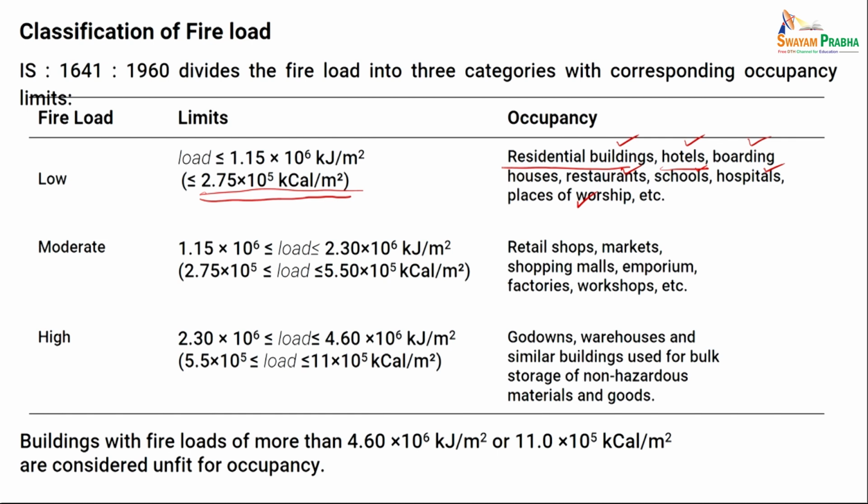Why are they coming under moderate? Shopping malls have stacks of items within them. It may be merchandise, it may be oil, so a departmental store can have various kinds of things which are combustible. And under high, you see it is the godown, warehouse, buildings with bulk storage, non-hazardous, petrol pumps, all these come under high risk.